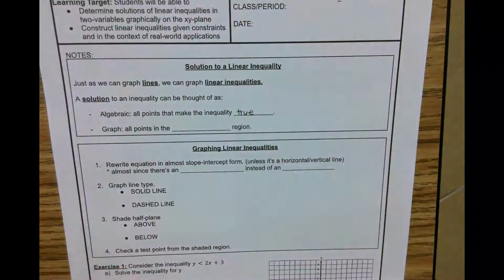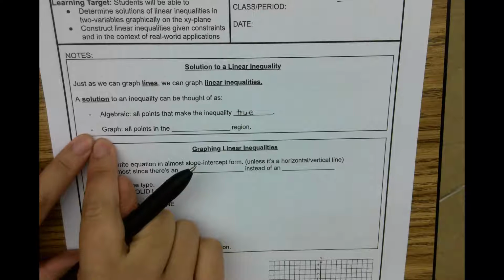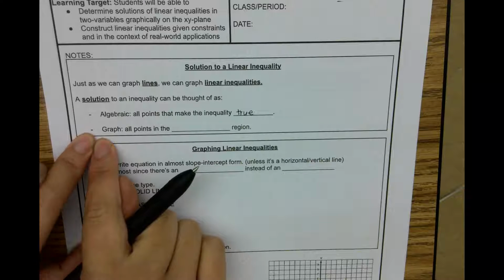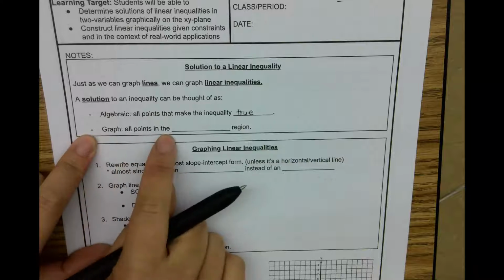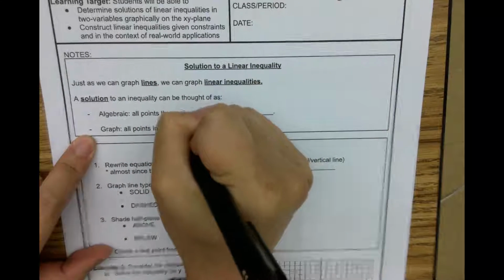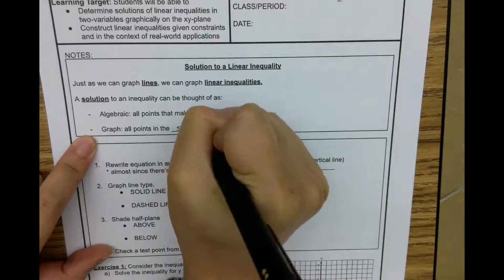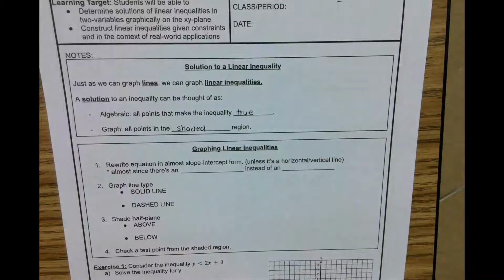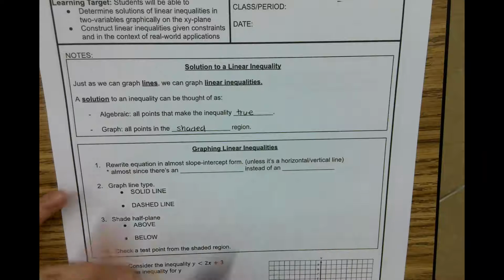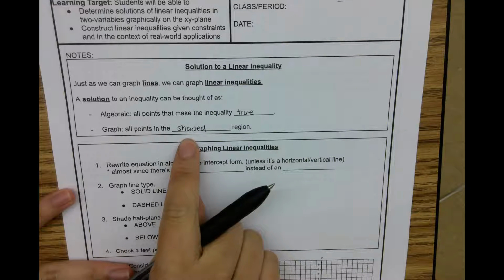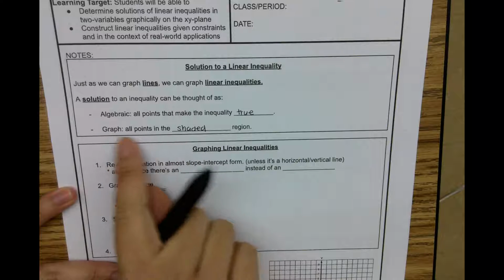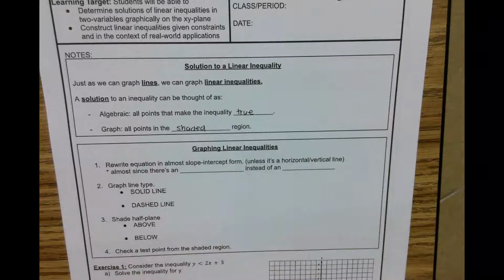So if this point makes the inequality true, then it is considered a solution. When we graph a linear inequality, the solution is all points in the shaded region. Just like when we graphed on a number line, we shaded all of our solutions. The same thing, this time on a graph with our x and y axis, on an xy plane, all points in the shaded region are solutions.